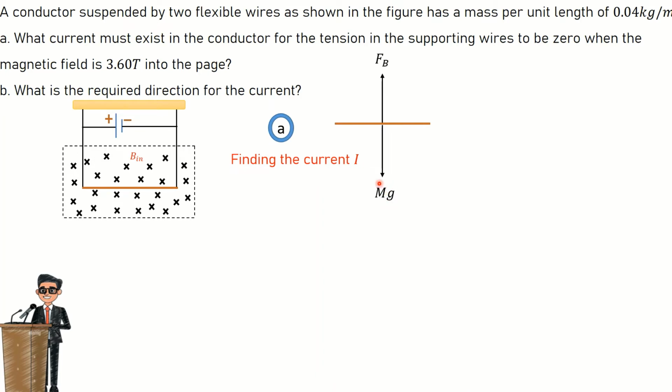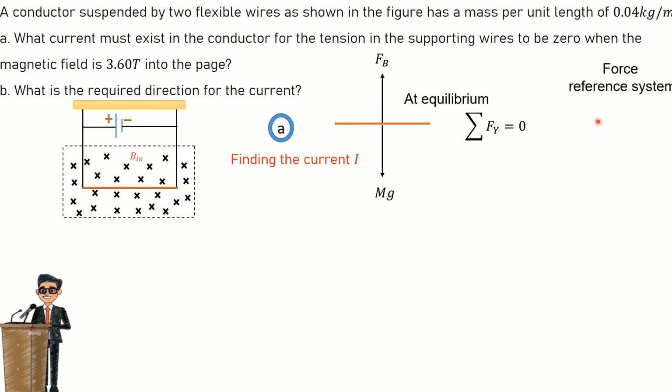I call it FB. Now from here we can consider that the system is in equilibrium. If the system is in equilibrium, it means that the sum of forces in the y direction, because here we are dealing just with vertical forces, is equal to 0.